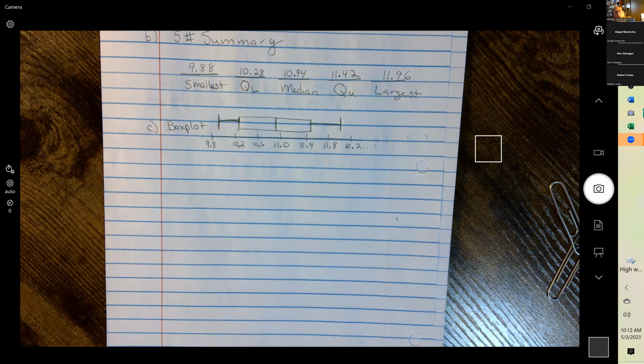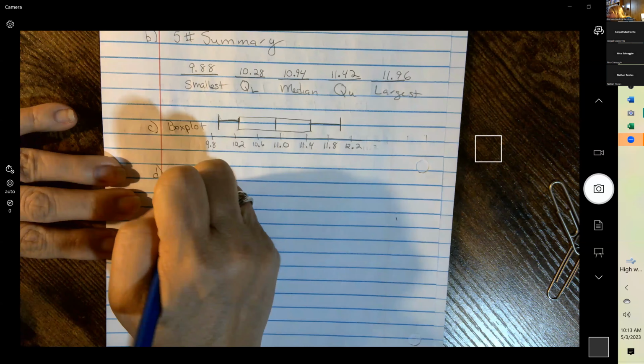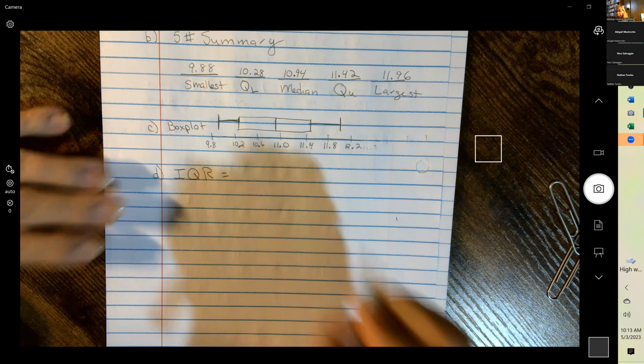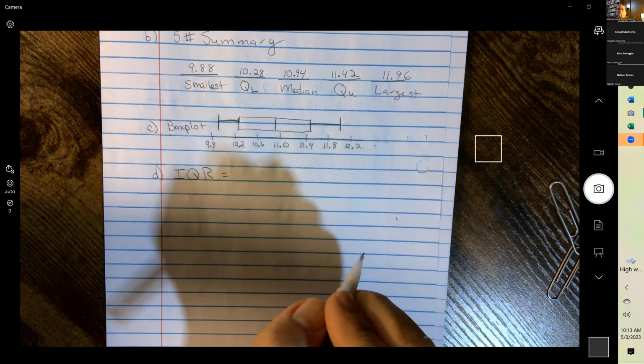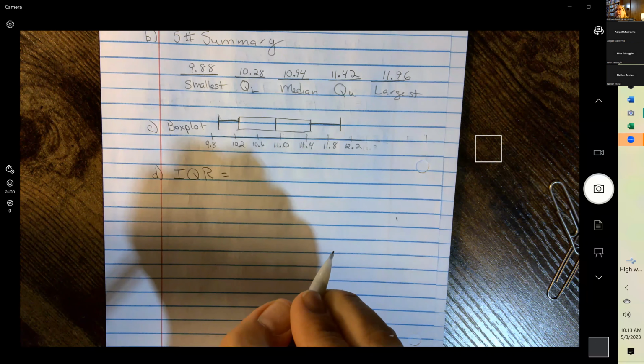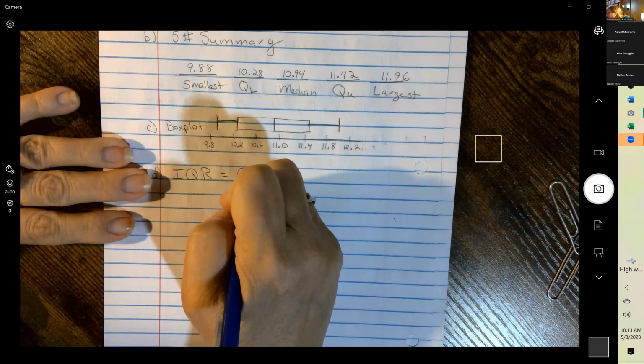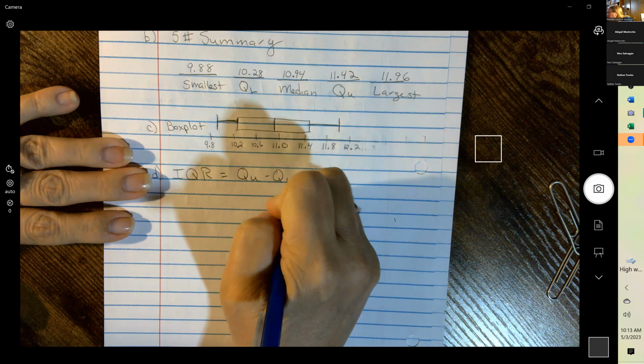Any questions? How do we find the IQR, the interquartile range? Anyone? The interquartile range is the range of the quartiles. Yes, the upper quartile minus the lower quartile.